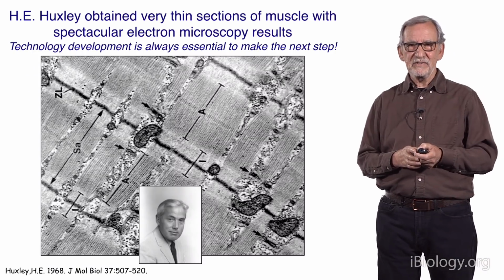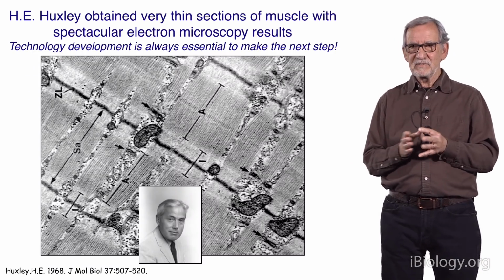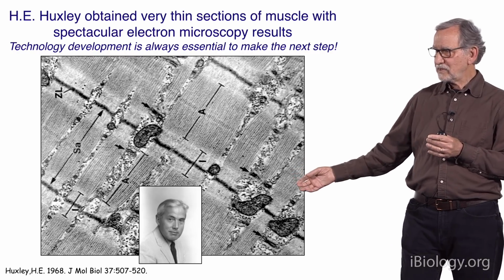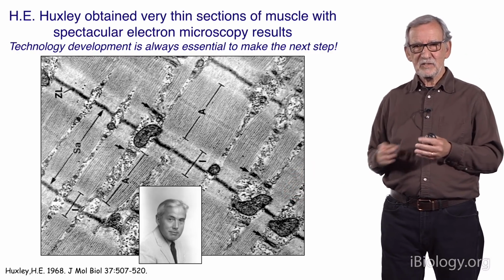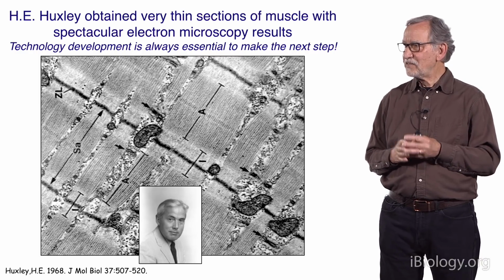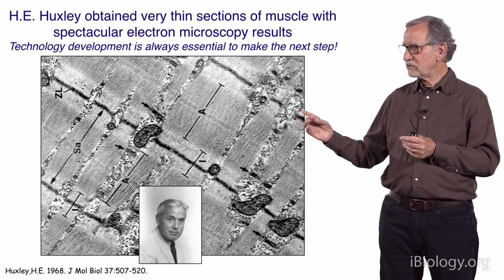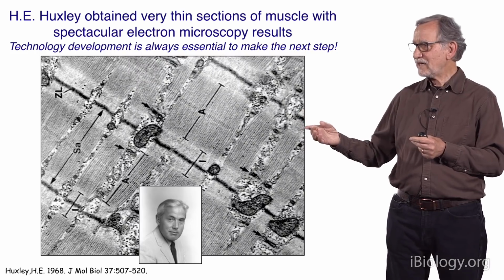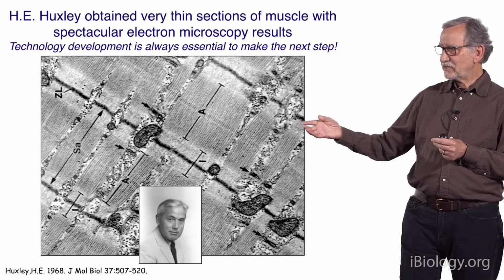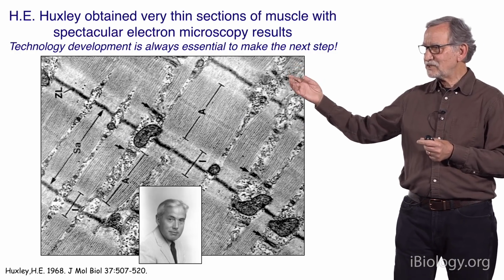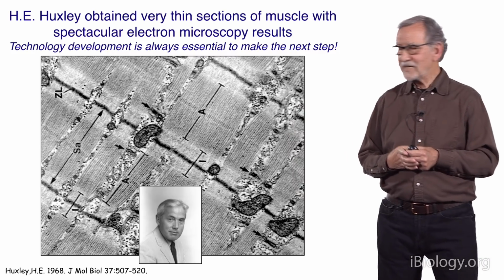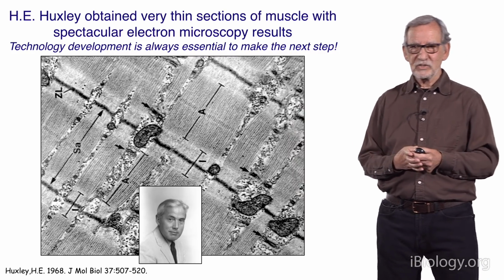So that required much finer resolution electron microscopy, which Hugh Huxley decided to pursue. And he obtained very thin sections of well-preserved muscle with spectacular electron microscopy results. Just another indication that technology development is always essential to make the next step in understanding some biological problem.